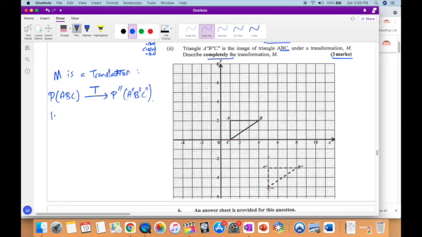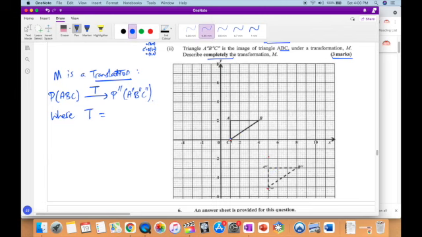And the translation T is what? What is the actual translation T? Because we see here that this is moving down. It's moving down by some vector being translated.